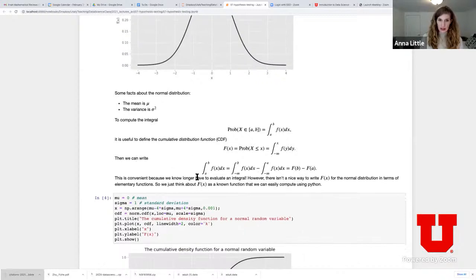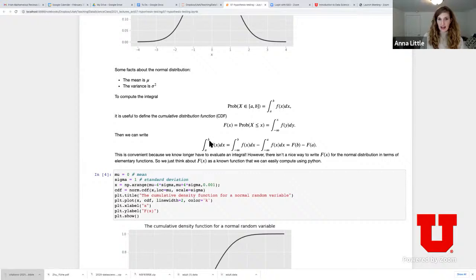So you can always break up an integral from a to b as the integral from -infinity to b minus the integral from -infinity to a. Each of these is equal to the CDF at a certain point, so we can evaluate an integral of this type as capital F of b minus capital F of a.